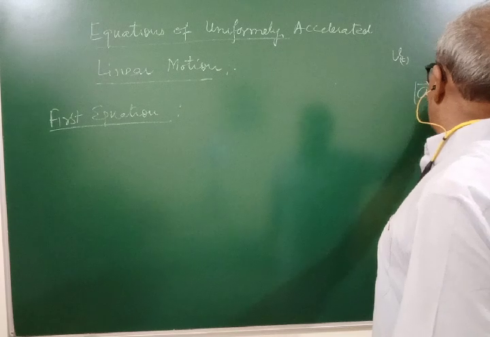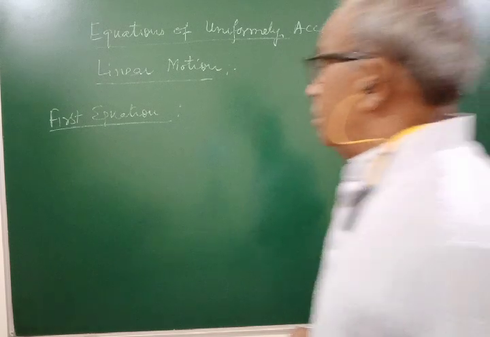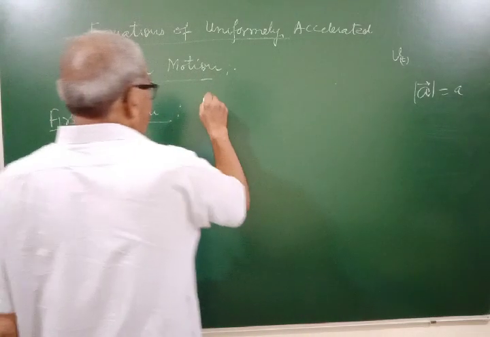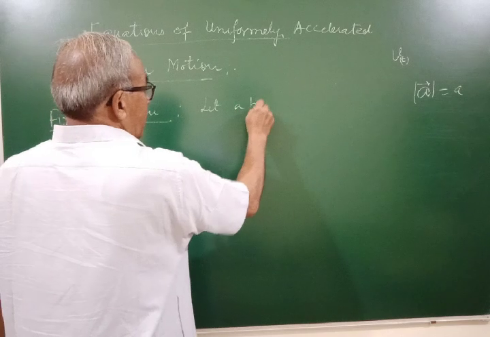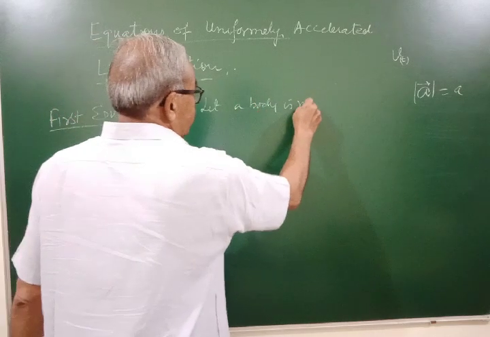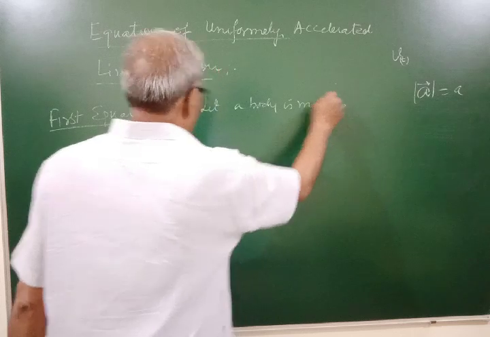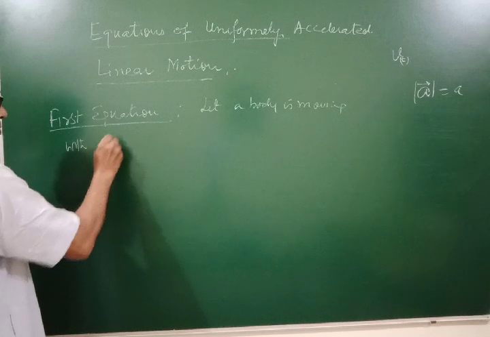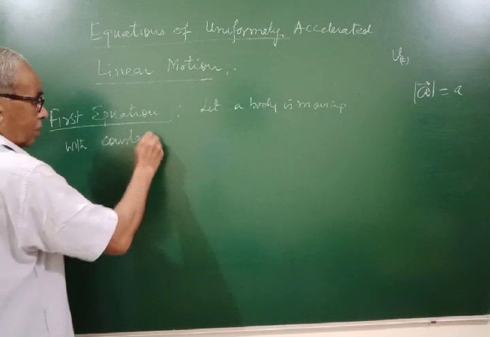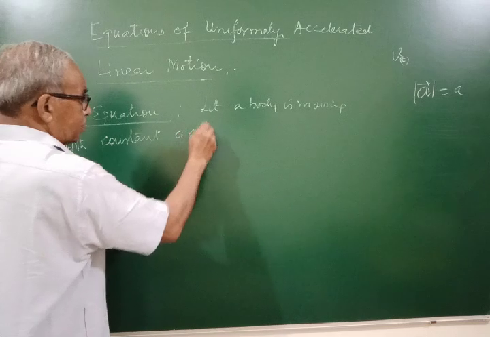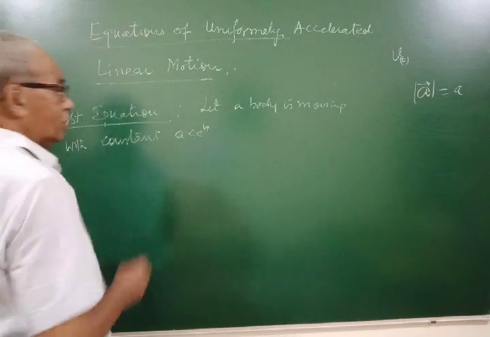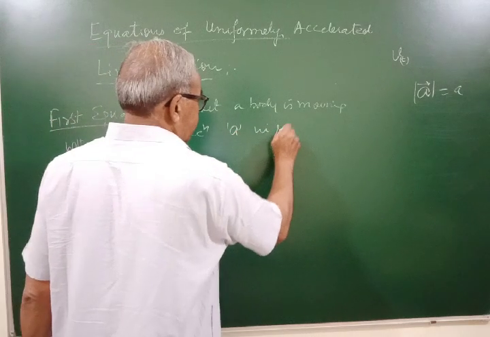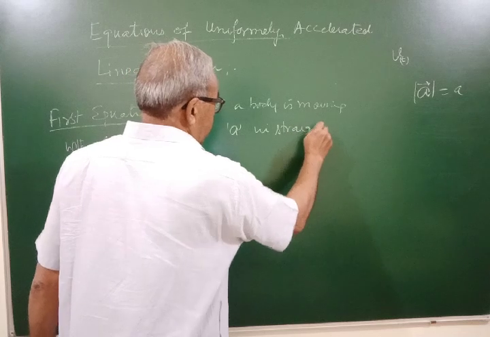So I will take only the magnitude of acceleration A. So for the first equation, we can write that a body is moving with constant acceleration A in a straight line.